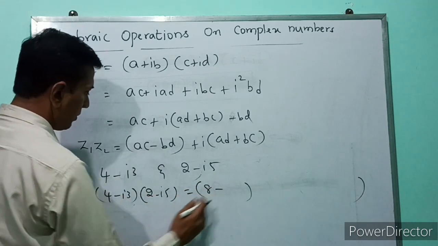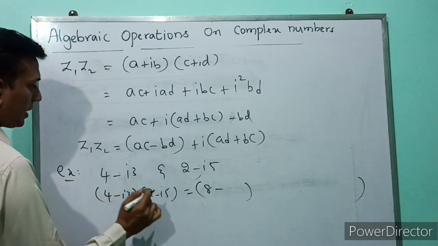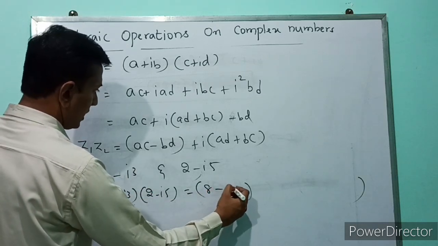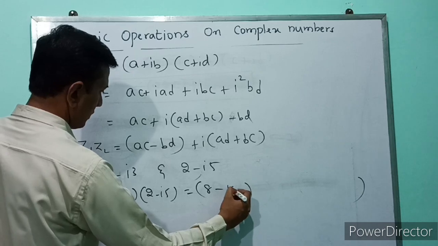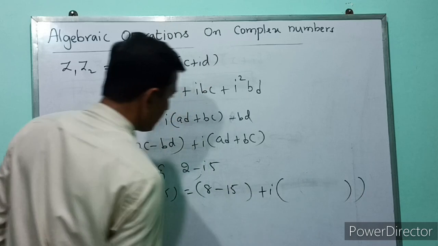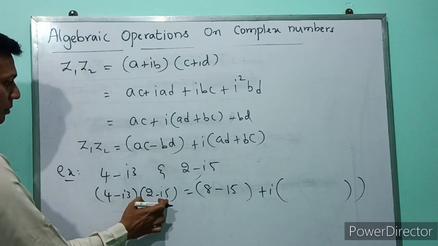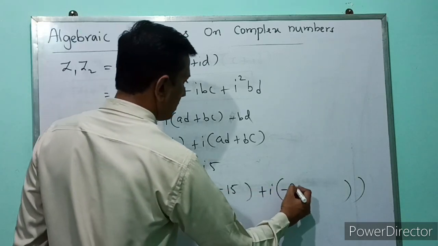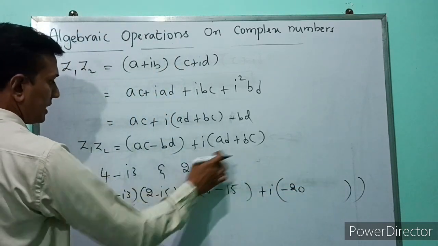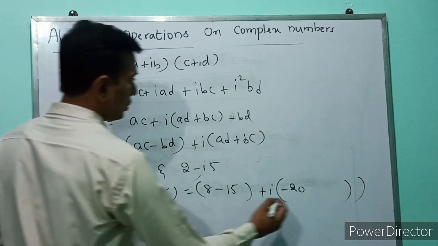AC: 4 twos are 8, minus BD. B and D are both negative here, so minus into minus is plus, and we will get plus 15. Next, plus i into (AD plus BC). A here is 4, D is minus 5, 4 fives are 20, so minus 20, plus BC. B is negative: minus 3 into 2.